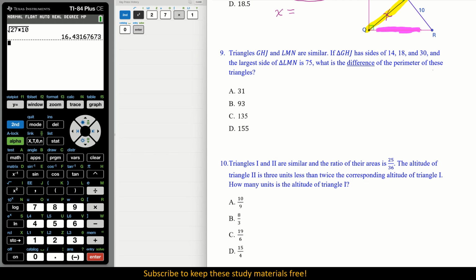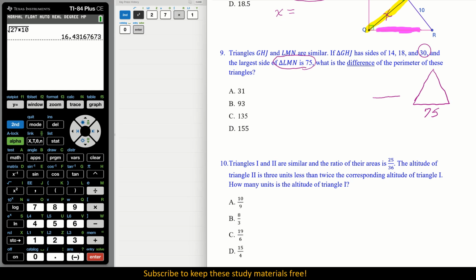First, I'll draw the larger triangle. And I'm going to say that this is the larger side. Now, I'm not going to label GH, I have a reason for this. Let's go with the smaller one. We know that 30 is the largest side, and they've told us this largest side.